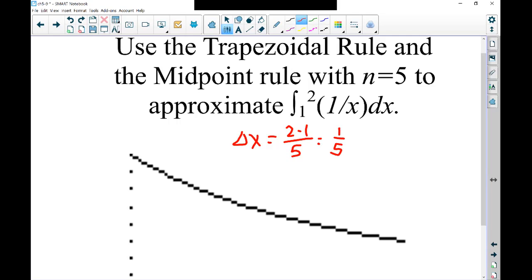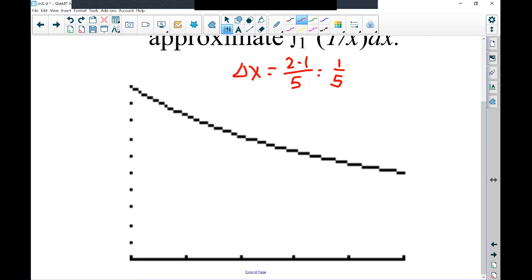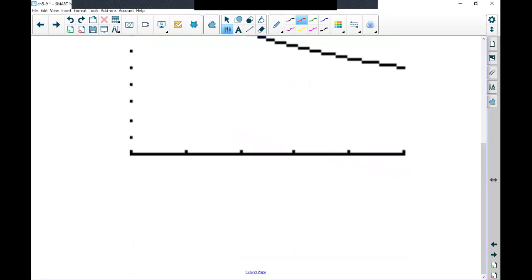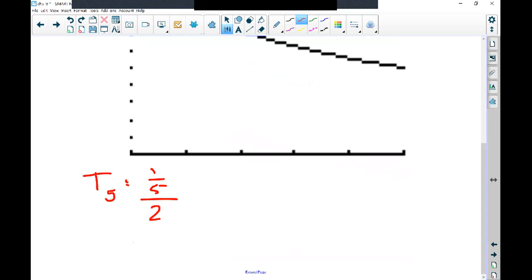So for our trapezoidal rule, with 5 subintervals, we're going to take our delta x divided by 2.